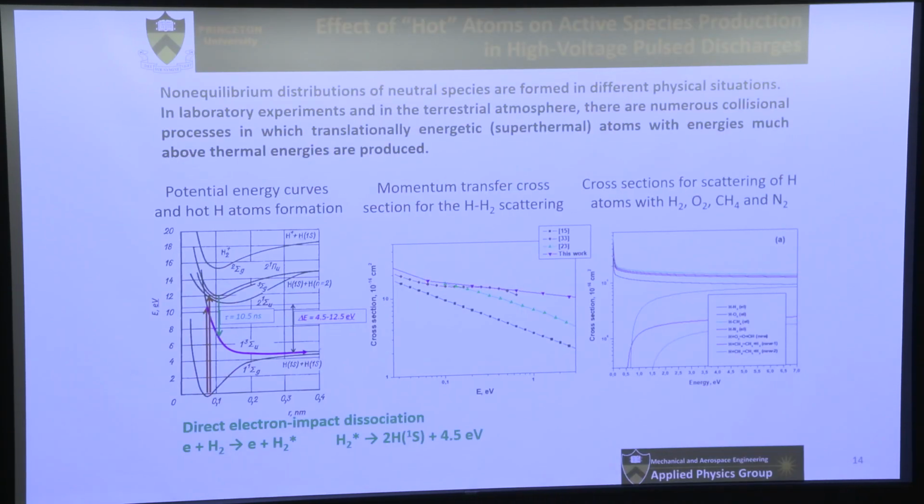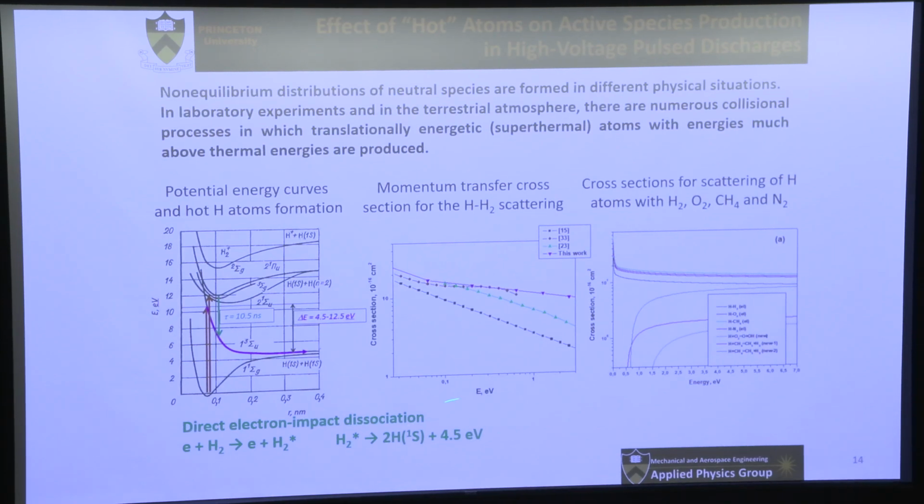For example, if you excite hydrogen to an excited state and dissociate hydrogen into a ground state atom and H(1s), the extra energy is about 4.5 eV. The electrons dissociate the hydrogen molecules, and the products are very hot, because not only are they dissociated, they also have extra energy created.